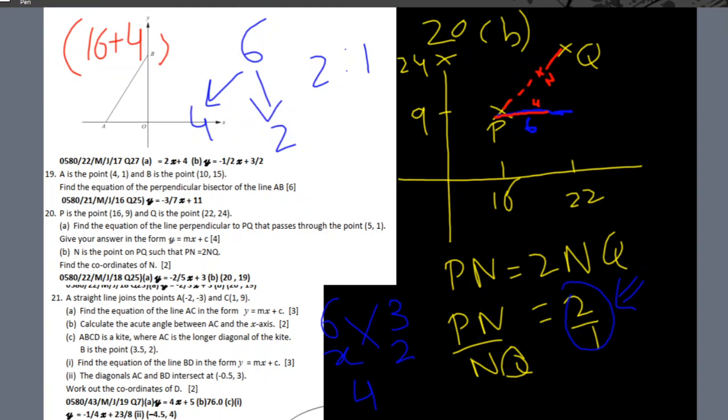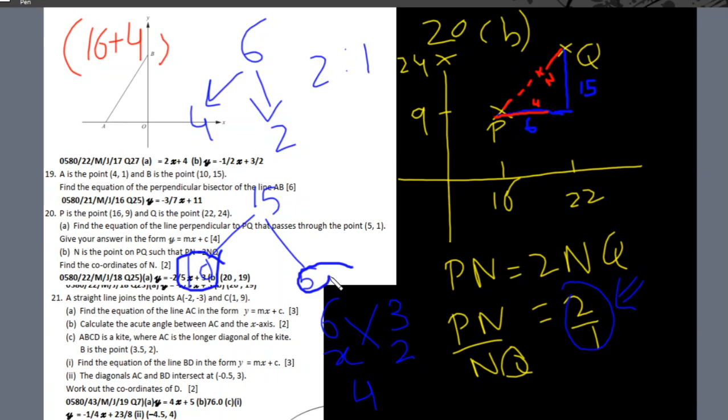Now let's read this length. The rise here is from 9 to 24, which is 15 units. Now let's break 15 into ratio 2 to 1. I don't even need formal working; I know that would be 10 and 5, because this should have 2 parts and this 1 part.